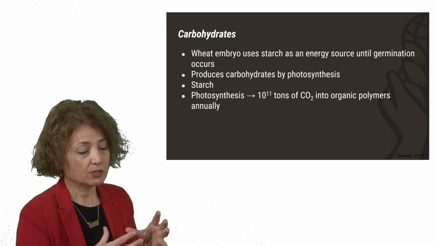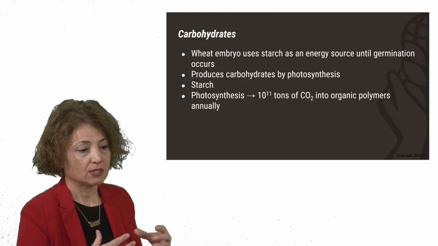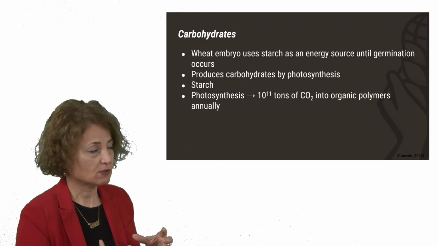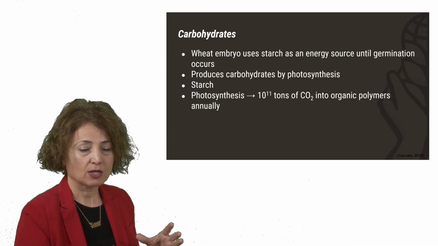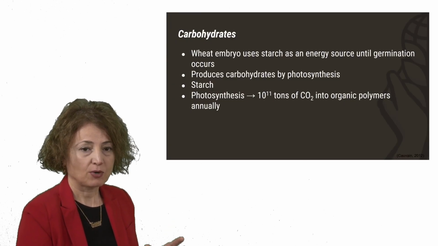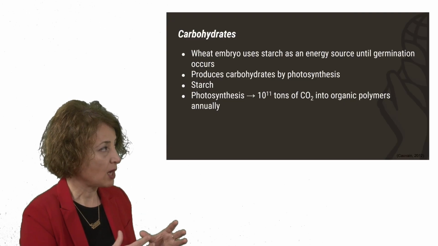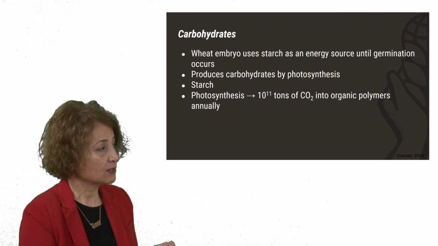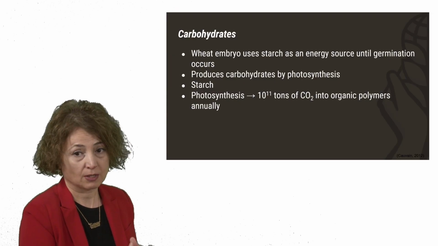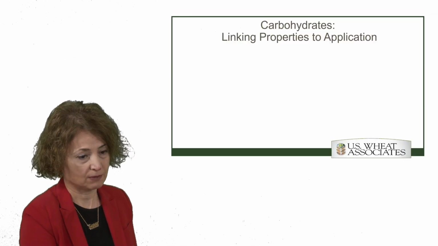We know the plants are taking carbon dioxide and all nutrition from soil, and with daylight they are converting everything into carbohydrates and different compounds. Photosynthesis is responsible for the conversion of carbon dioxide into organic polymers annually.